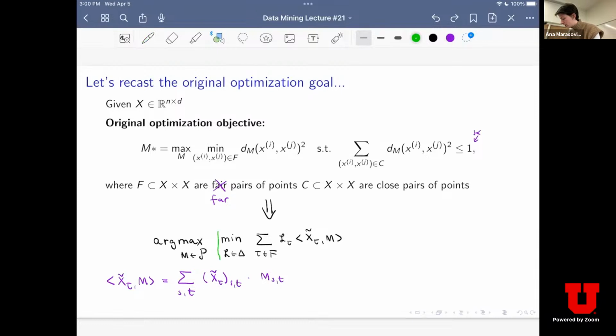This min over vectors alpha, this function, I'm going to call that f of M. All right, so we are finding the argmax over M of this function f of M. And now our next step is to find a smoothed version of f of M.